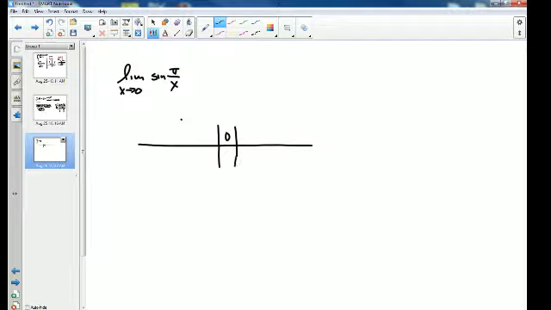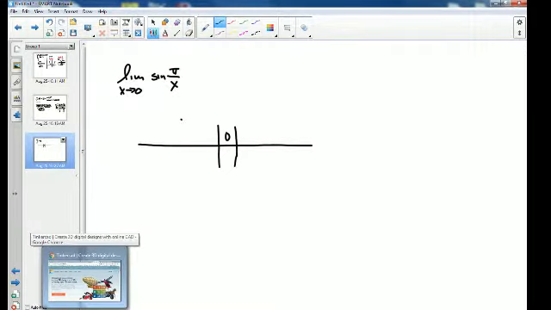We evaluate around 0. Will that eventually become solid, that graph? If you zoom in enough, will it get to the point where you can see? No. Anywhere you zoom, it just does this.